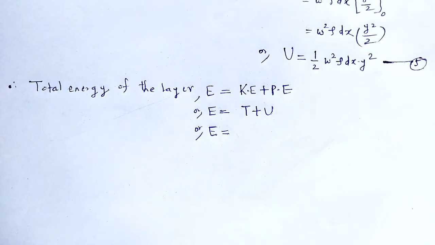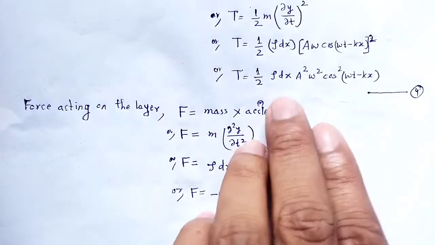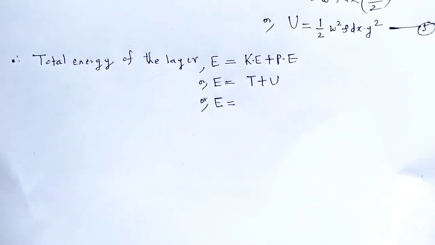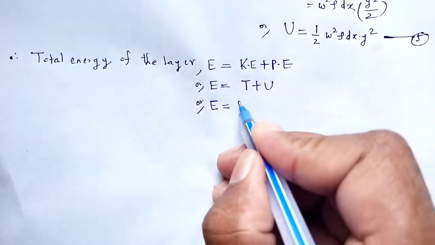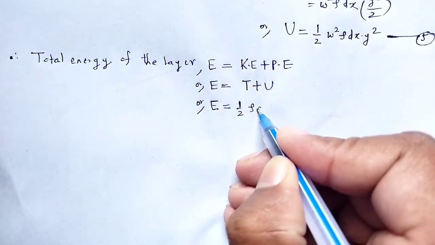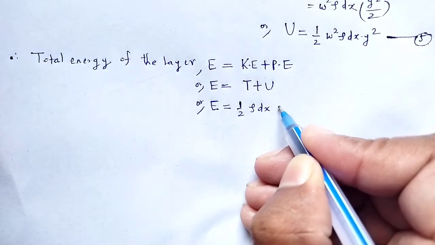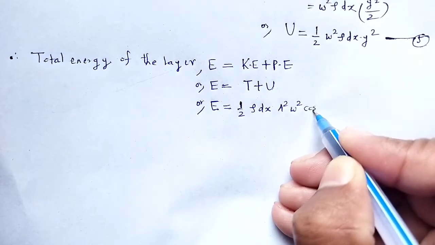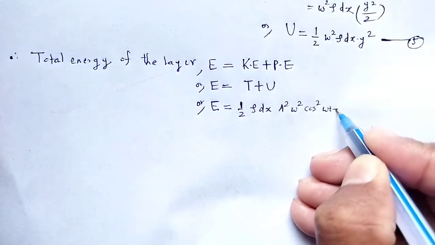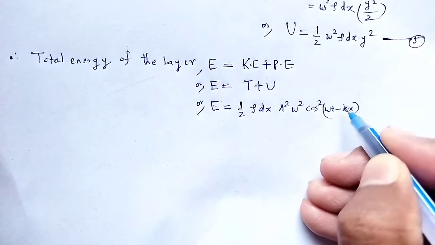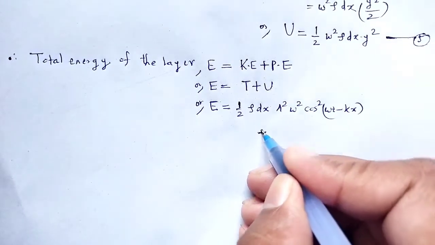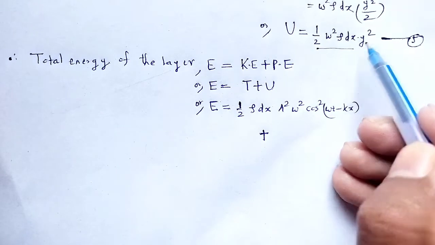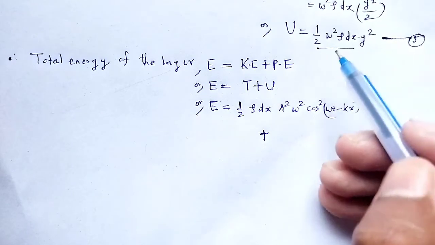The value of T is half rho dx a square omega square cos square (omega t minus kx), plus the value of U, and again the value of y is put here.